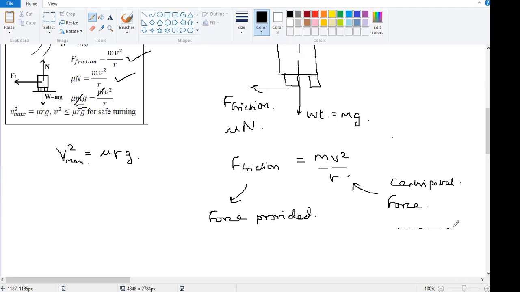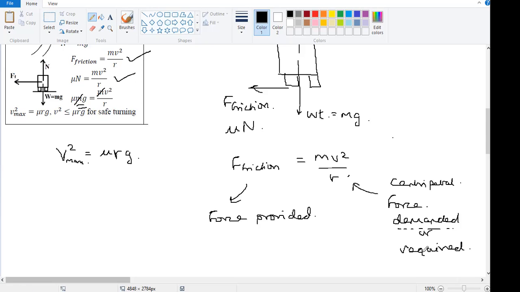Talked about this so many times in the previous chapter. Nobody is answering. Demanded or required. Demanded force or required. Demanded, yeah.